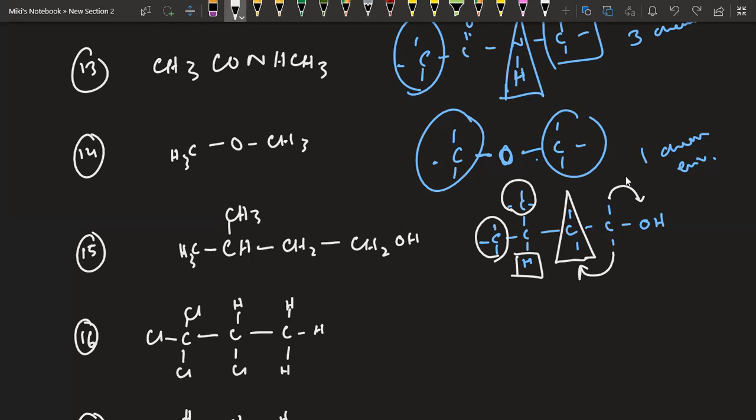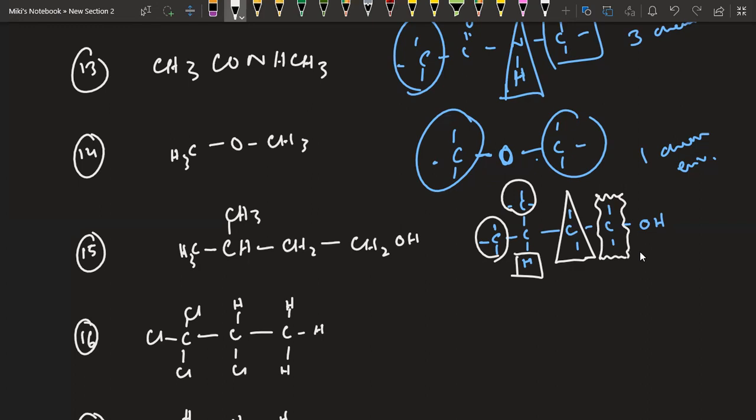But on the other side, we have an OH group, and for the other CH2, on the other side we have a completely different group. That means we can say this CH2 is a completely new CH2.